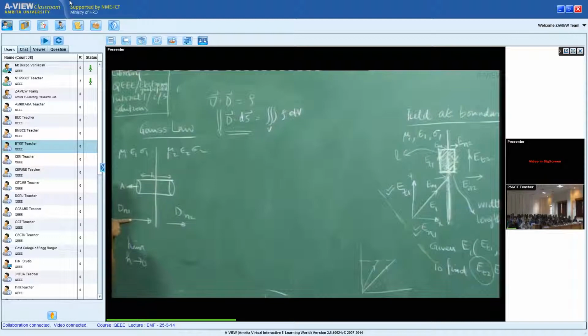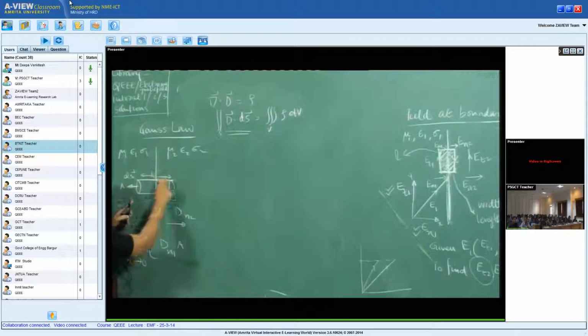So dN1 is along the positive x, whereas dS is in the negative x direction. So I have minus dN1 A here. In the limit as h tends to 0, I would not have any contribution due to the outward normal here or here. I would not have any contribution due to the tangential component because ultimately I am going to put h as 0. So I don't worry about that.